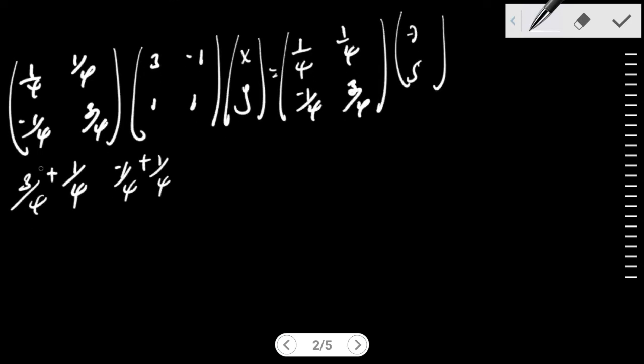That one is done. So negative 1 out of 4 times 3, I would get negative 3 out of 4, plus I'm having 3 out of 4 times 1, of which I would get 3 out of 4.